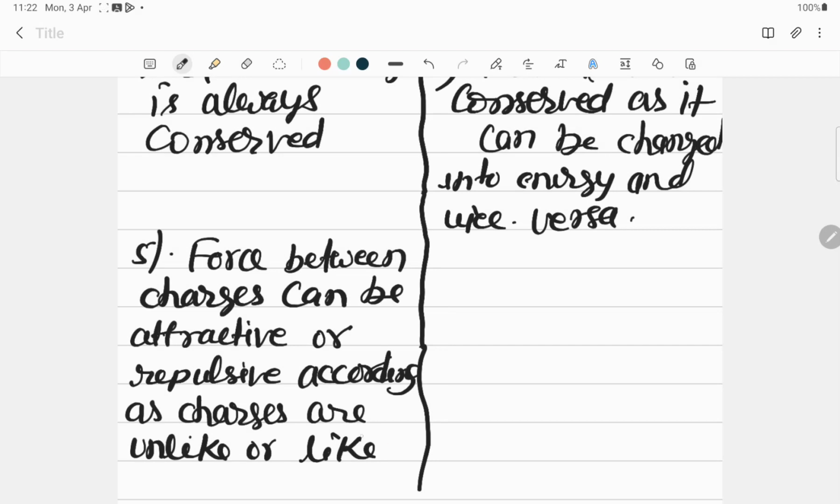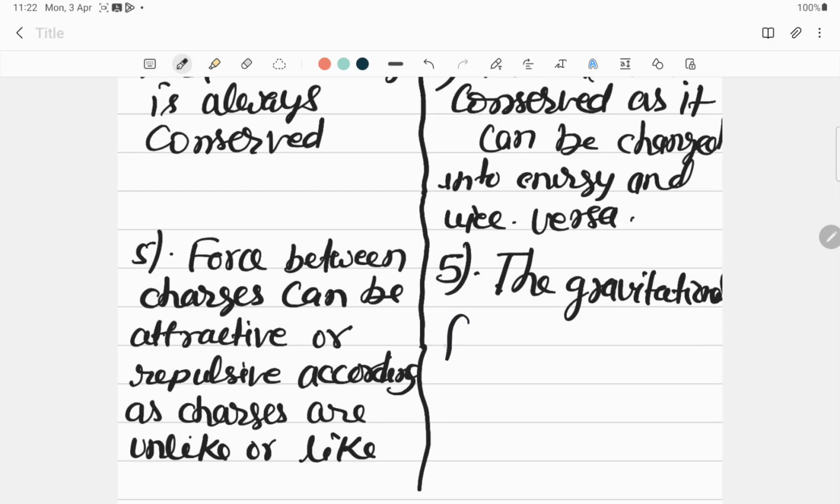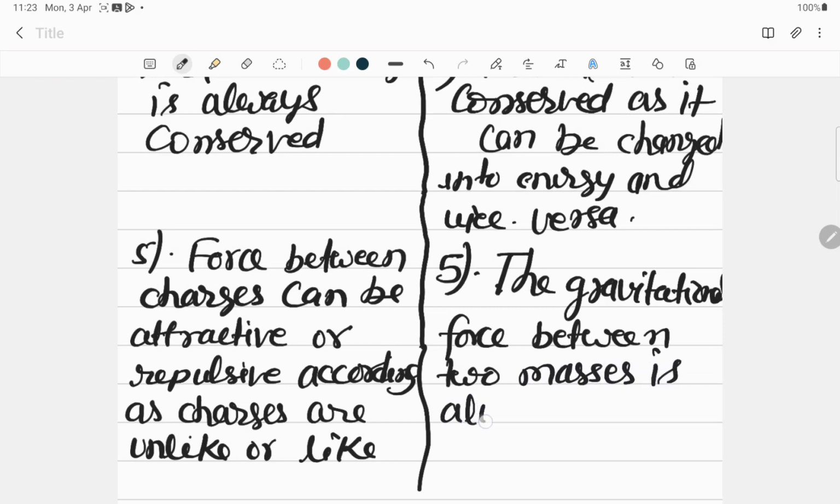Unlike means not same, like means same. And here number 5, the gravitational force between two masses is always attractive.